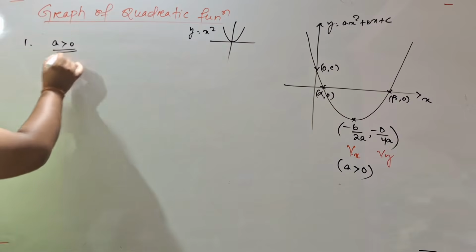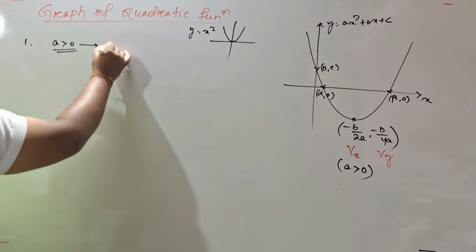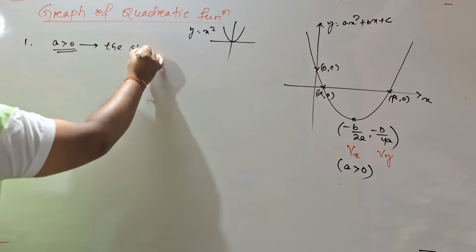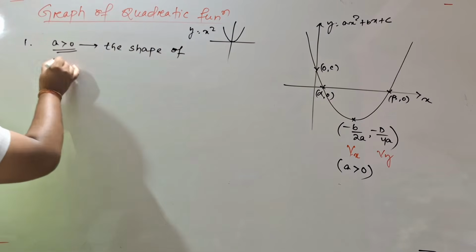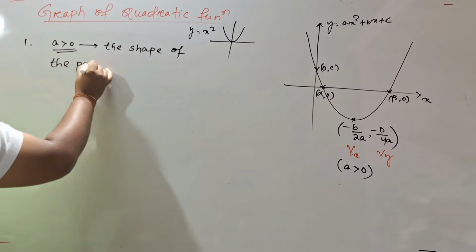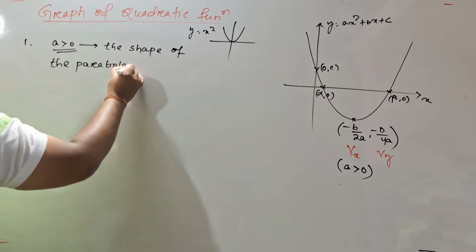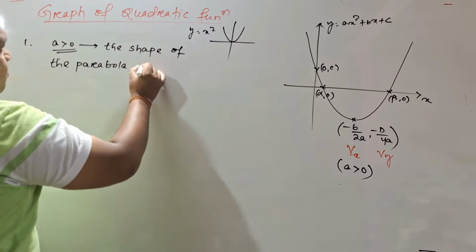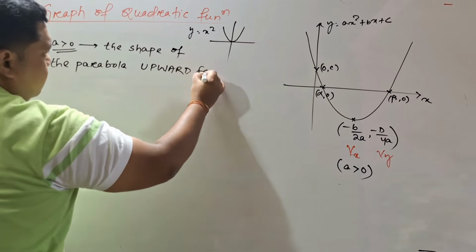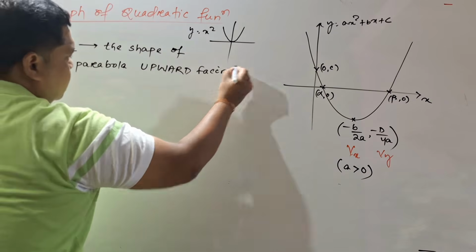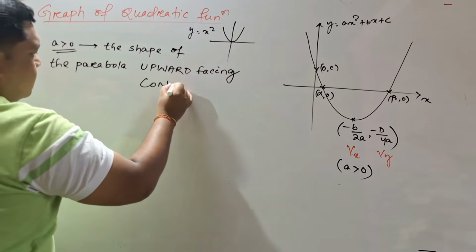So you can say when a is greater than 0, the shape of the parabola is an upward facing concave parabola.